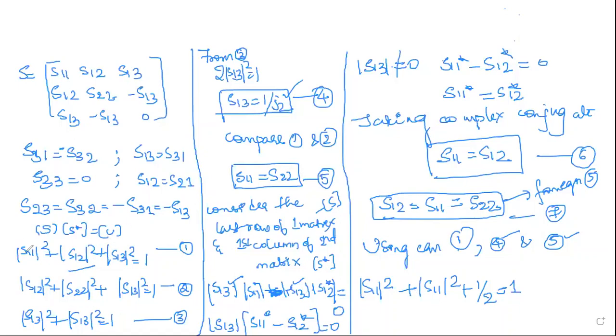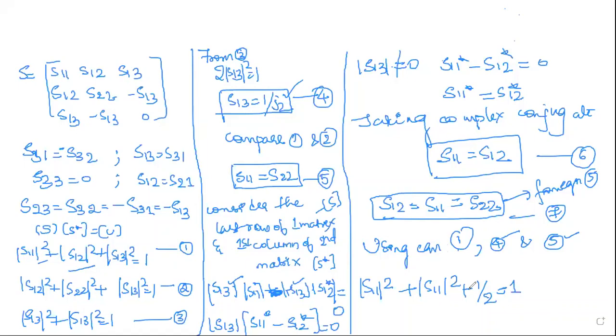So the first term, S11 square, will remain the same. So you will be substituting for S12. S12 from equation 7, you know it is also equal to S11, which is also equal to S22. So I'll consider one parameter. Since I've taken S11, I can write this as S11 square plus S13 square.